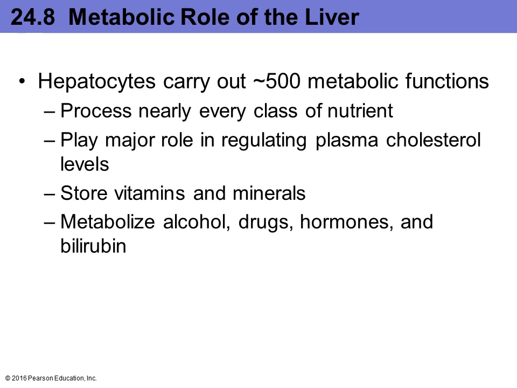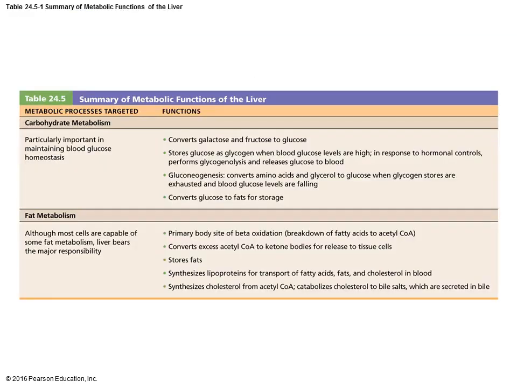They're helping to metabolize anything that has been absorbed by the digestive system, so alcohol, drugs, hormones, bilirubin. So they're quite busy, and this is a chart just generally summarizing what some of those major functions are that occur in the liver.